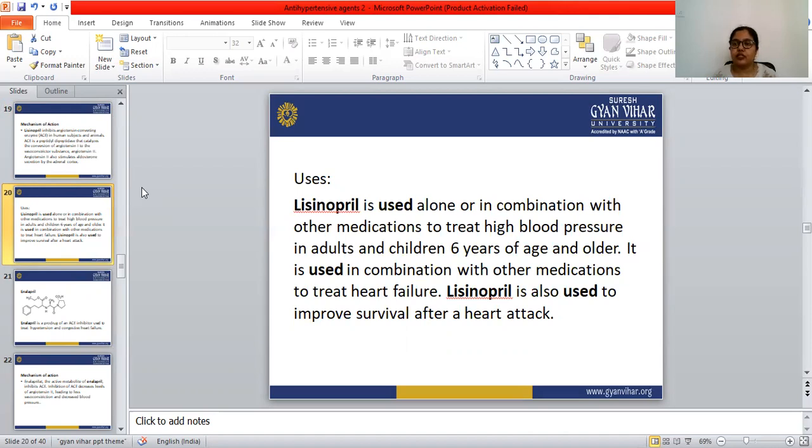Lisinopril is used alone or in combination with other medication to treat high blood pressure as well as heart failure, and it is also used to improve survival after a heart attack.